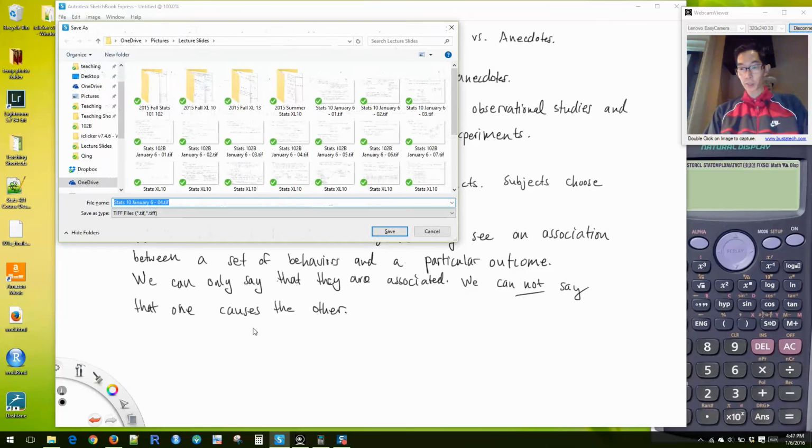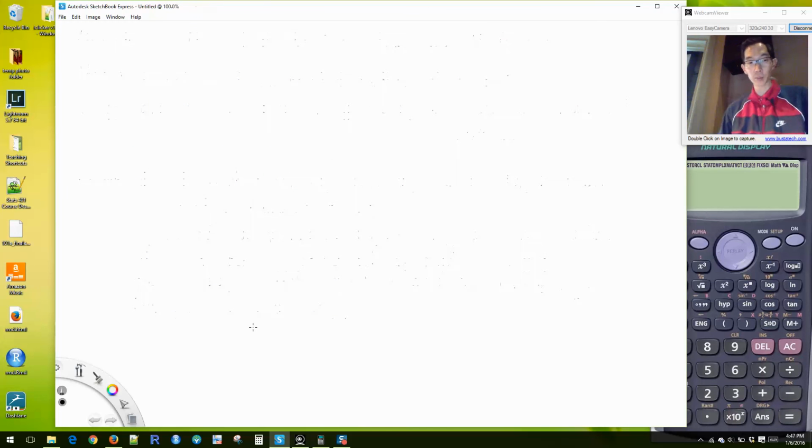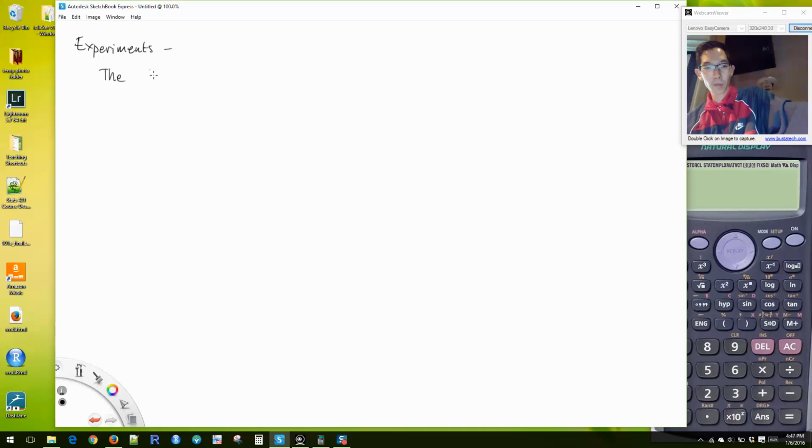Is that all right? Okay. With an experiment, on the other hand, and this will be our last slide for the day, the researcher assigns treatments to the participants.